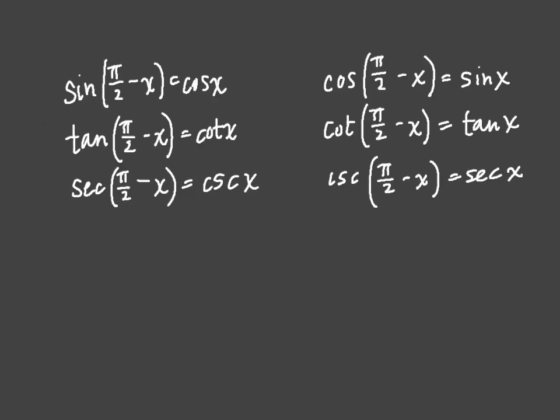So we've already talked about sine and cosine being cofunctions. So here are our other two sets of cofunctions: tangent and cotangent, makes sense that they'd be co-functions, tangent and cotangent, vice versa, cotangent, tangent, secant and cosecant. So hopefully these are easy for you to remember that they're co-functions, since each is named as a word with co at the beginning.